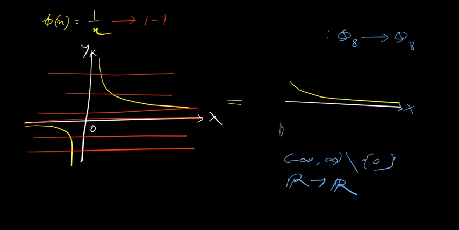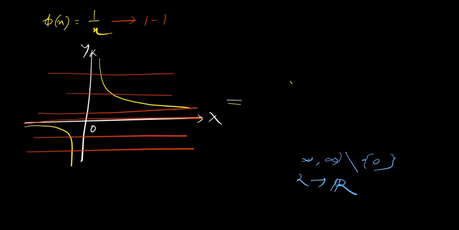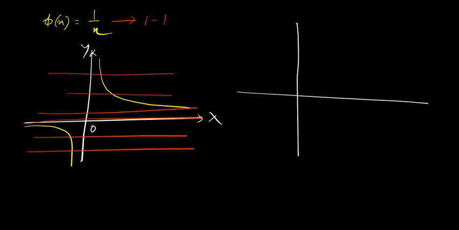This is the y-axis, x-axis, and the graph phi x equal to 1 by x is this.